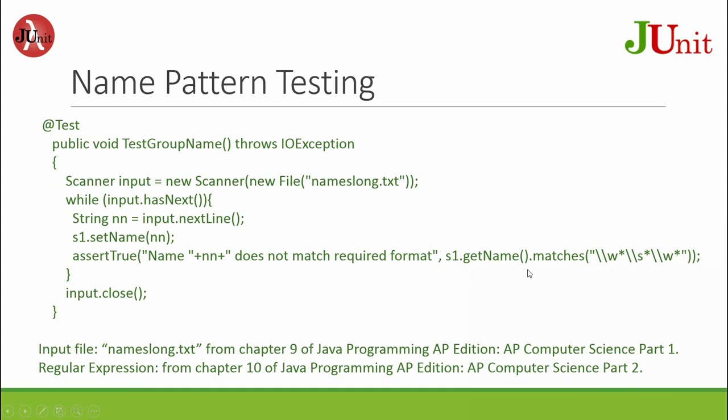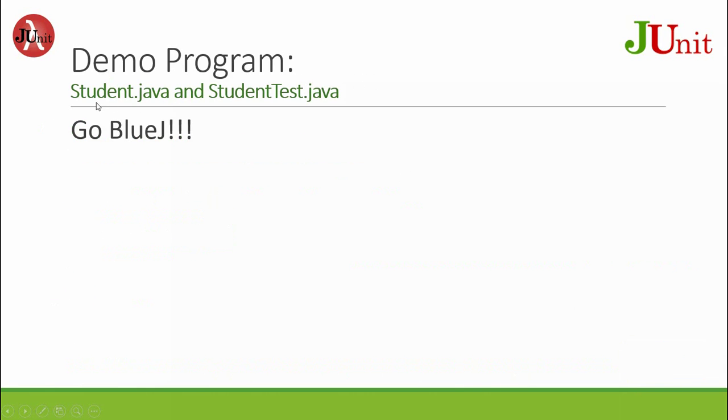So this shows you a very good example of group testing for names, not just testing one value. The input file is names long.txt. It's from chapter 9 of Java Programming AP Edition, AP Computer Science Part 1. And this student getName matches method is from regular expressions in chapter 10 of Java Programming AP Edition, AP Computer Science Part 2. Let's look at the demo programs Student.java and StudentTest.java.